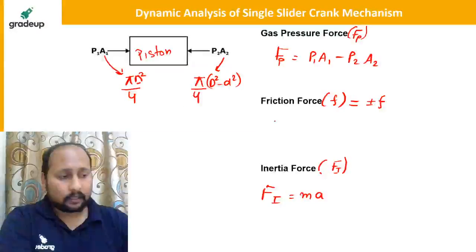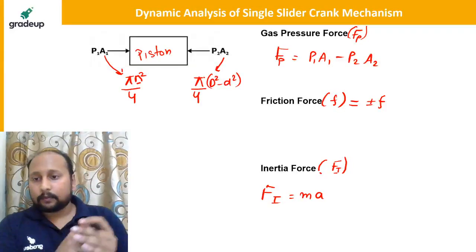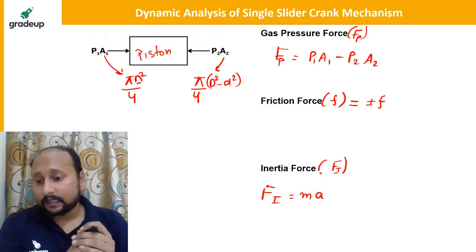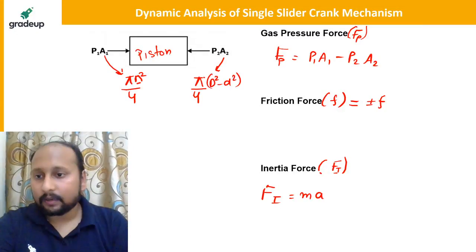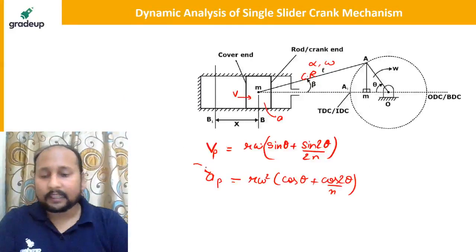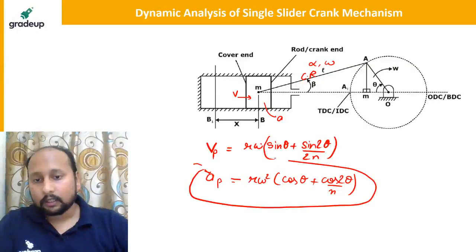Okay, so inertia force, just have a look at this board. Inertia force denoted as Fi is equal to m into a. Clear? Now, the acceleration of the piston, I have just now told you about. The formula is r omega square into cos theta plus cos 2 theta by n.